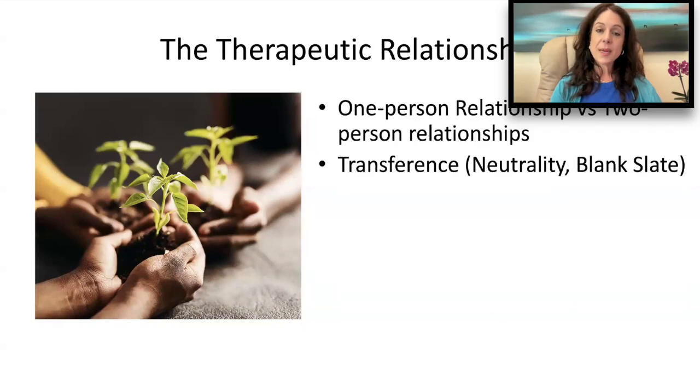So we have this idea of transference, which we definitely see in the one-person relationship situations, but we do see this in the other schools, where part of the therapeutic relationship is that we end up neutral, and that includes even our work environment. You try to have your office be somewhat neutral, your dress to be neutral, that allows a client to project onto you their patterns so you can see them more clearly.